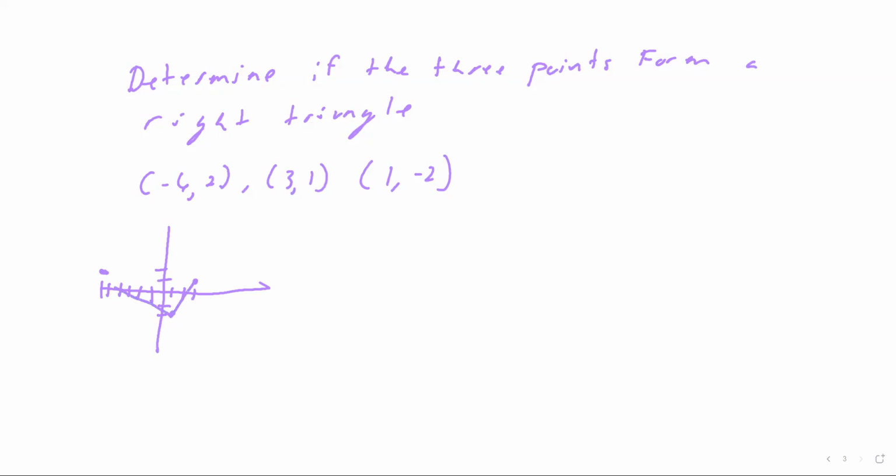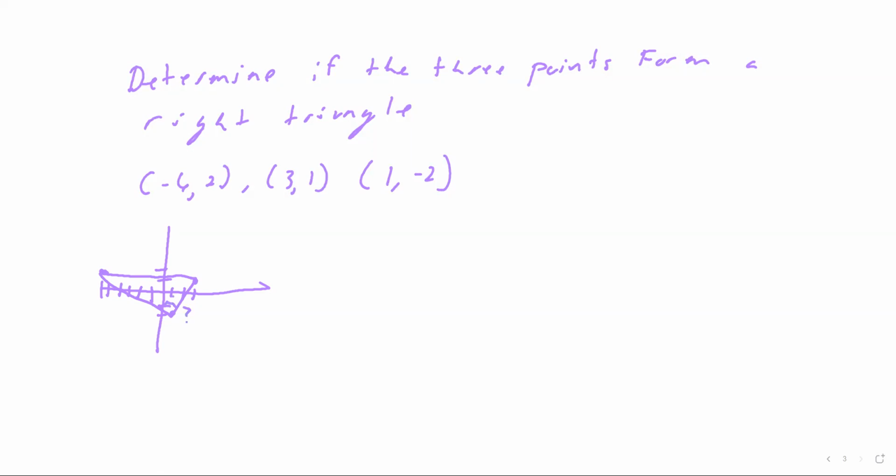So I'm trying to figure out, does this make a right triangle? What makes something a right triangle? It has a 90-degree angle. It doesn't really matter where you're going with this, but I'm probably going to guess that this might be my right triangle in question.